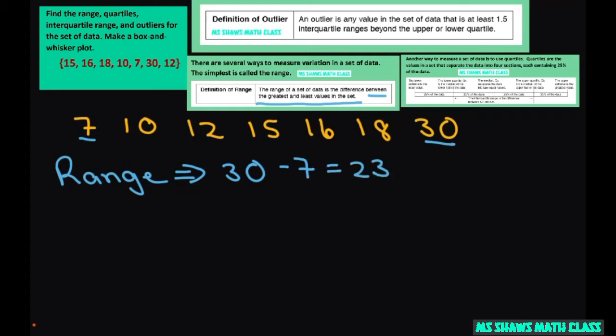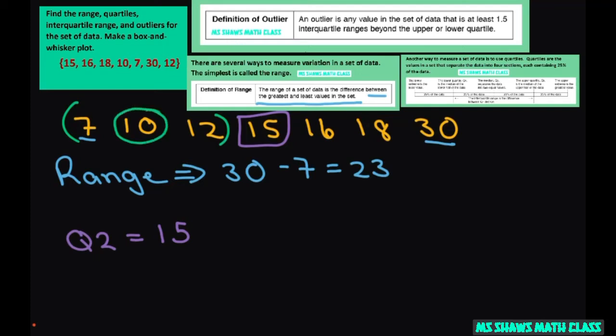So there's that. Interquartile range. Let's do our quartiles. The first one we're going to do is quartile 2. That's your median of the data. Your median of the data is 15 because it's the middlemost number. Then we're going to take this lower data and take the median.